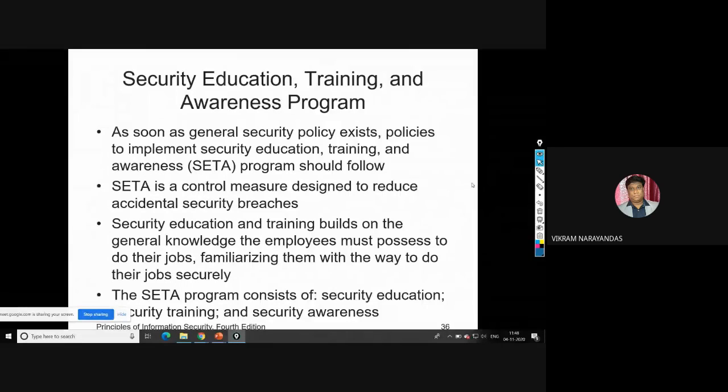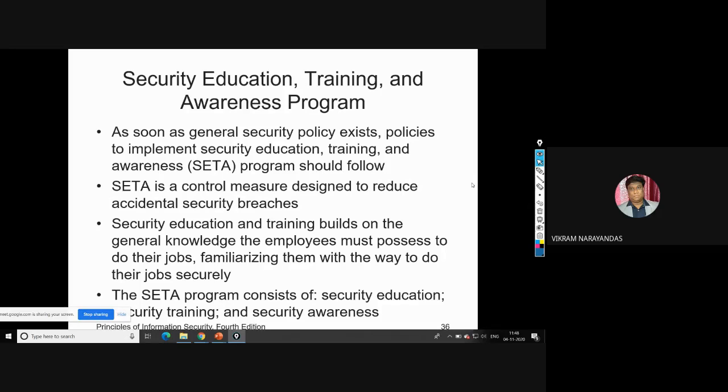As soon as the general security policy exists, policies are needed to implement the security education, training, and awareness programs. It is nothing but SETA, security education, training, and awareness program.